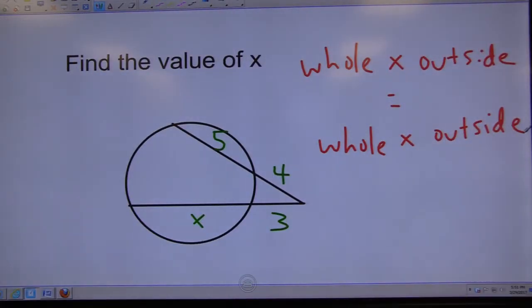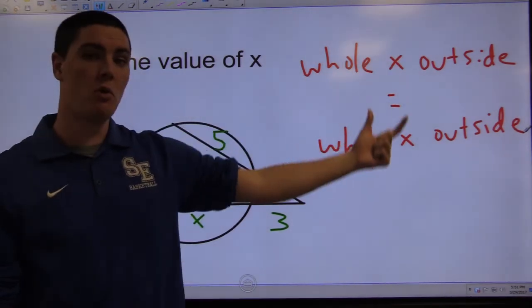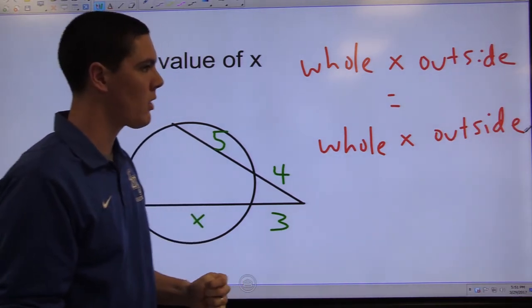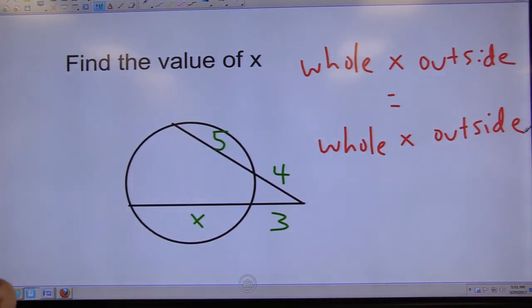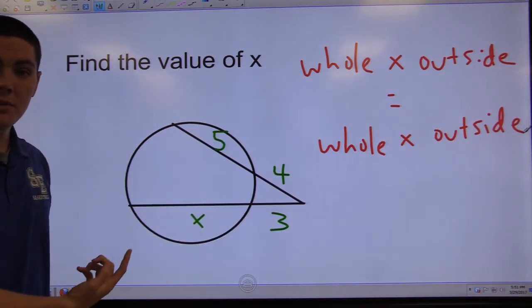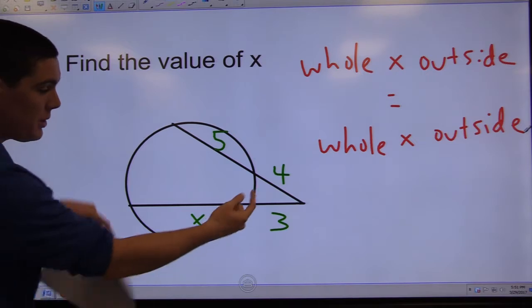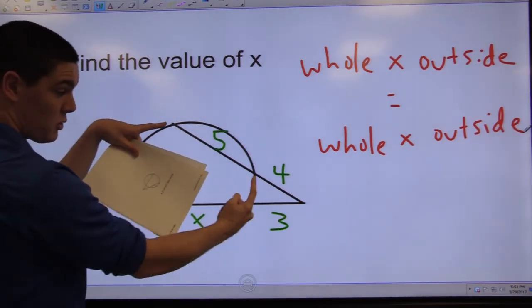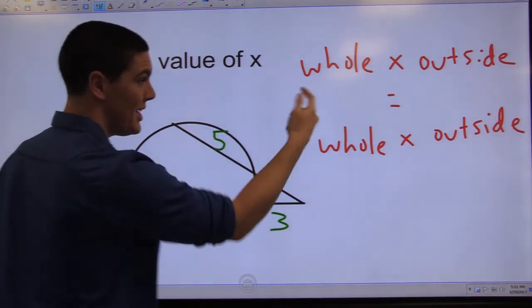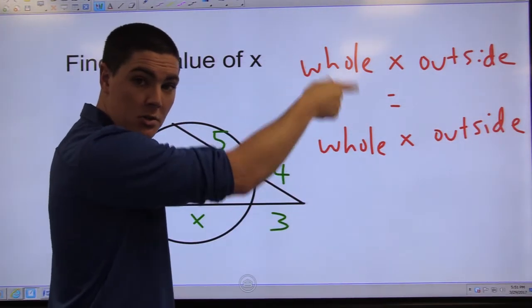So actually, guys, before I really get into this, this is the formula, yes, but you got to make sure you have the right types of segments. Okay. So what you need to ask yourself is, do I have two secant segments here? And the answer is yes. I've got two secant segments because this guy intersects the circle at 2 points. This guy intersects the circle at 2 points. So both of those are secants. So I need to use this equation. Okay. I need to use this formula.